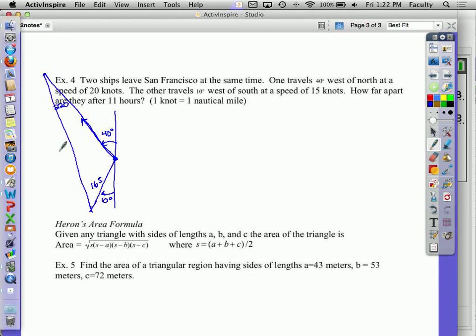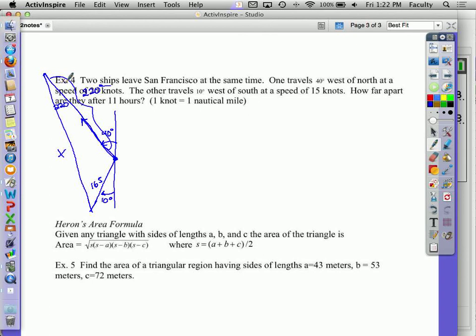And they want to know how far apart are they. Okay, this one's 220 this way. This is 165. So there's nothing that's assuming we have right angles. How can we determine the angle across from X, though?